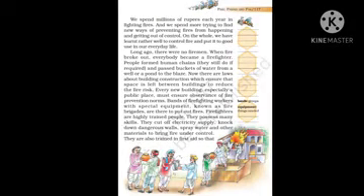We spend millions of rupees each year in fighting fires, and we spend more trying to find new ways of preventing fires from happening and getting out of control. On the whole, we have learned rather well to control fire and put it to good use in our everyday life.